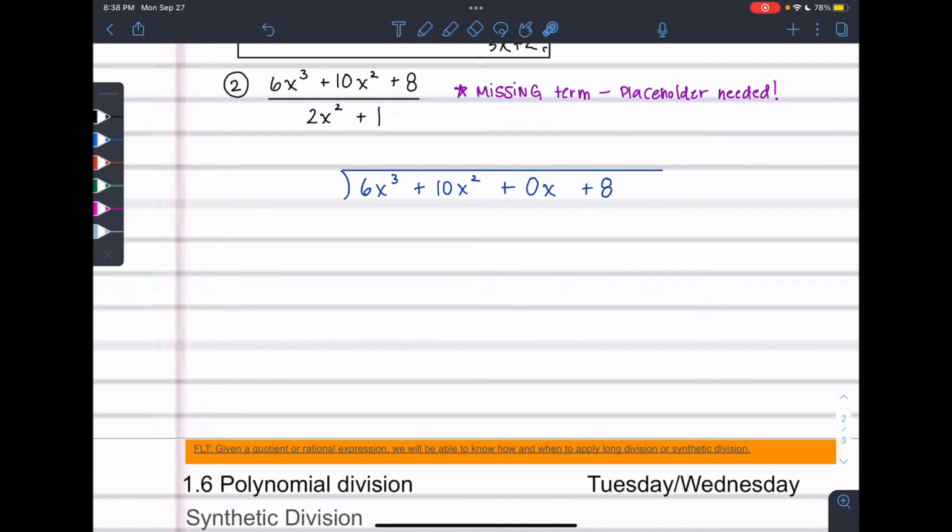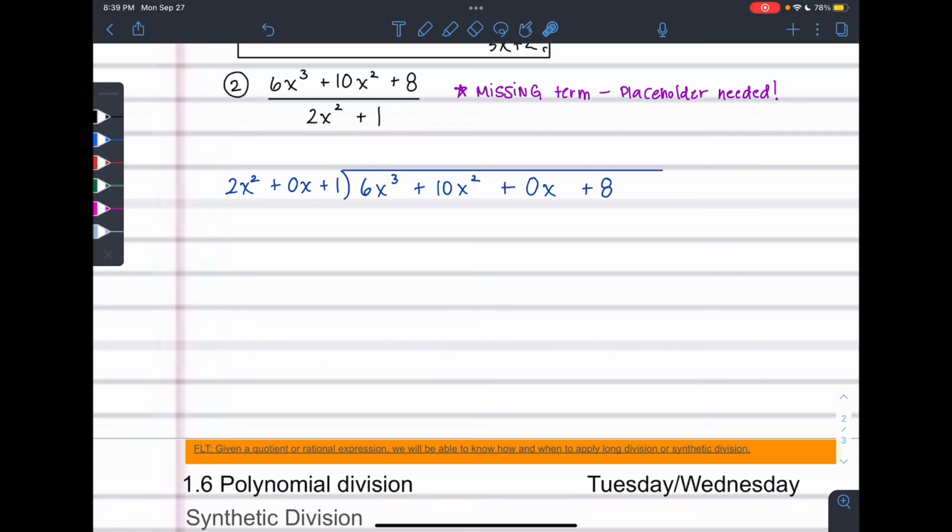It's super important when we work with any type of division, whether it's long division or synthetic. So that's how we write the dividend. Now our divisor, 2x squared plus 1, will look like this: 2x squared plus 0x plus 1. Now we can divide as normal.